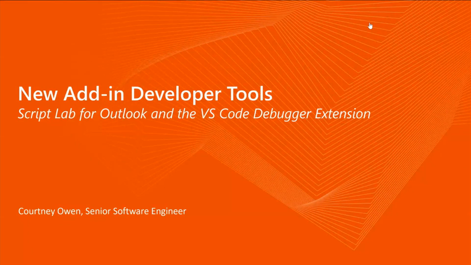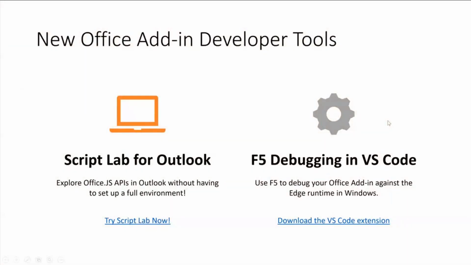So over the last quarter, we've shipped a couple of really cool features. One of them is ScriptLab for Outlook. I'm not sure if any of you have experience with ScriptLab, but ScriptLab has been supported on Excel, Word, and PowerPoint for quite some time. But we haven't had support for Outlook until just a few weeks ago.